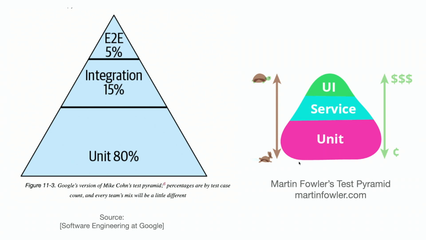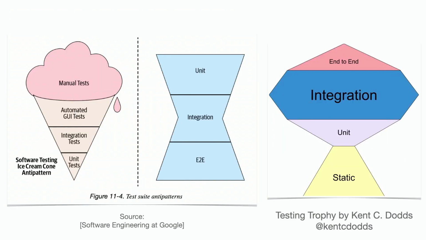On the other hand, the closer you move to the user, the slower the tests become, and the costlier it is to discover and fix bugs because you have to go back. There are also some anti-patterns here, these two from the same book. The ice cream pattern also has manual tests up here, which is very bad because you have to have a human actually doing tests, so that is not scalable.